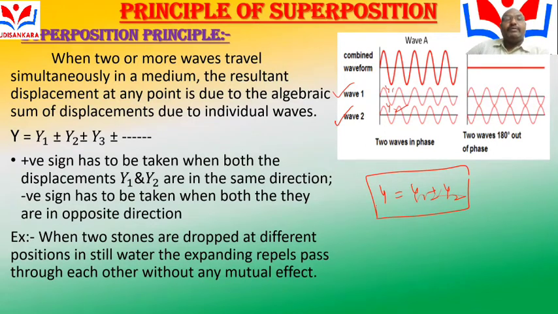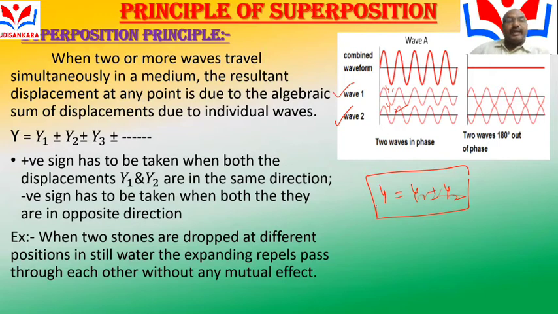When two or more waves travel simultaneously in a medium, the resultant displacement at any point is the algebraic sum of the displacements due to the individual waves: y equals y1 plus or minus y2 plus or minus y3 and so on.